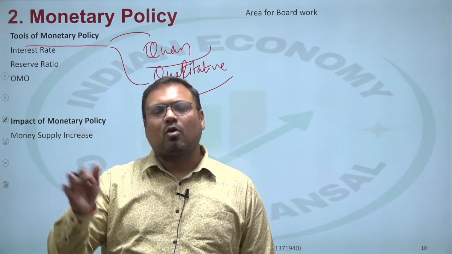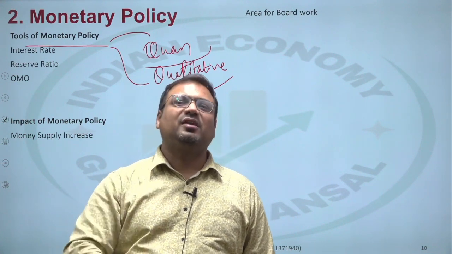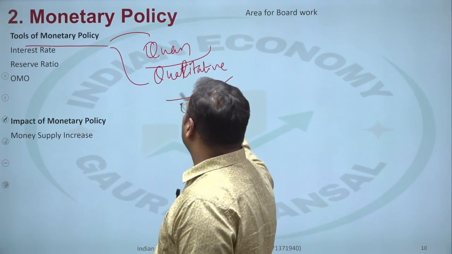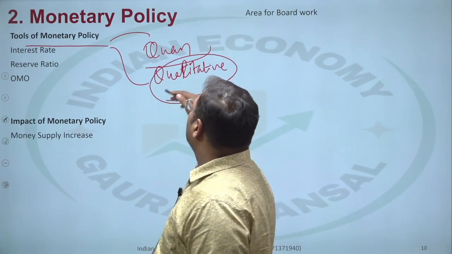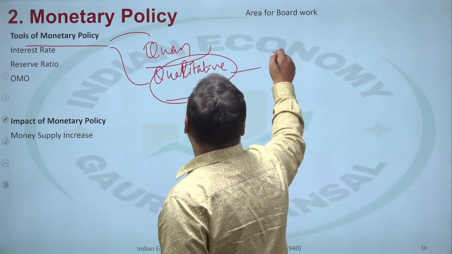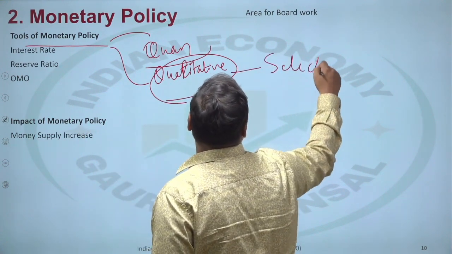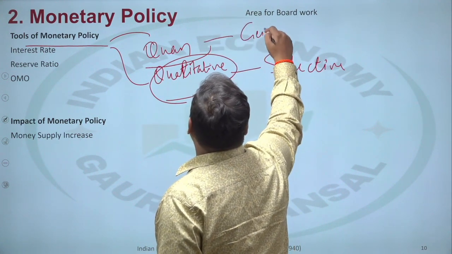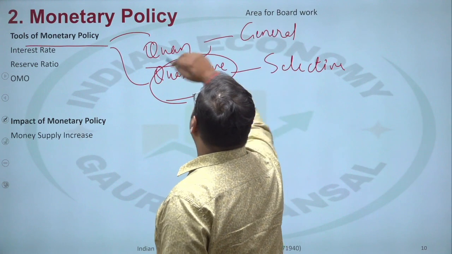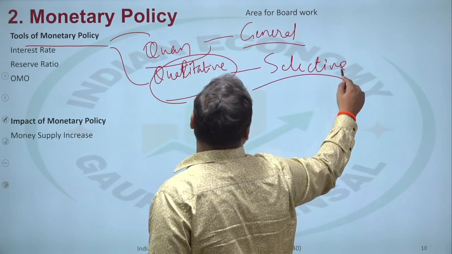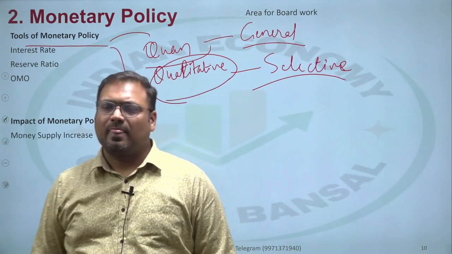We call them general tools because they affect everything in the same way. They do not discriminate between different sectors. Whereas qualitative tools are called selective tools. Quantitative tools are also called general tools because they affect everyone the same. They are generally affecting everyone, while qualitative tools can selectively affect a particular section of society.